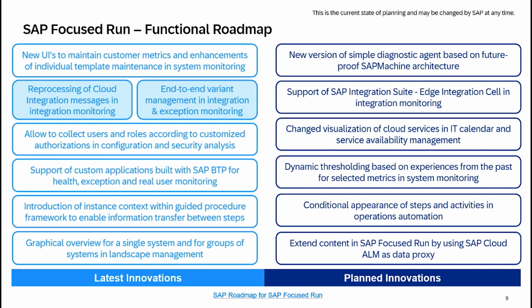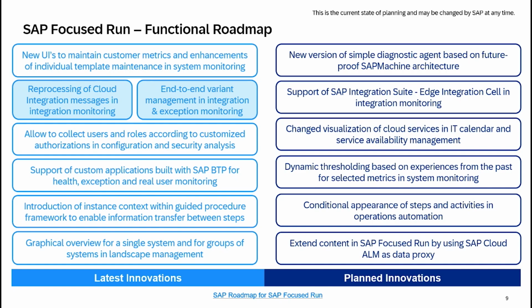We have certain new UIs created to maintain custom metrics and enhancements of individual template maintenance in the system monitoring area. It was a big topic, a lot of requests from customers in this area, how to create your own metrics. We had established this already with Feature Pack 3. We have created nicer looking UIs and restructured the content a bit, so that you come faster to the creation of your own metrics.